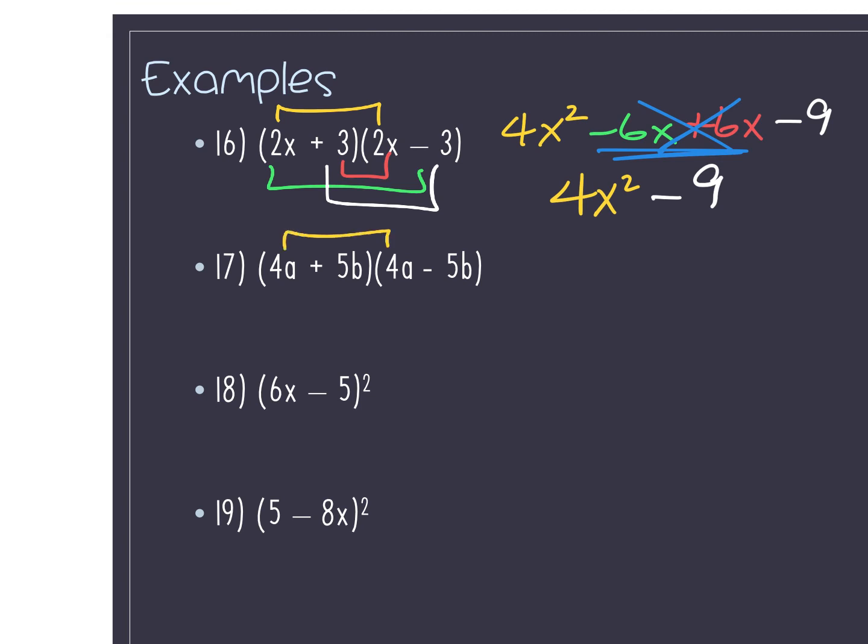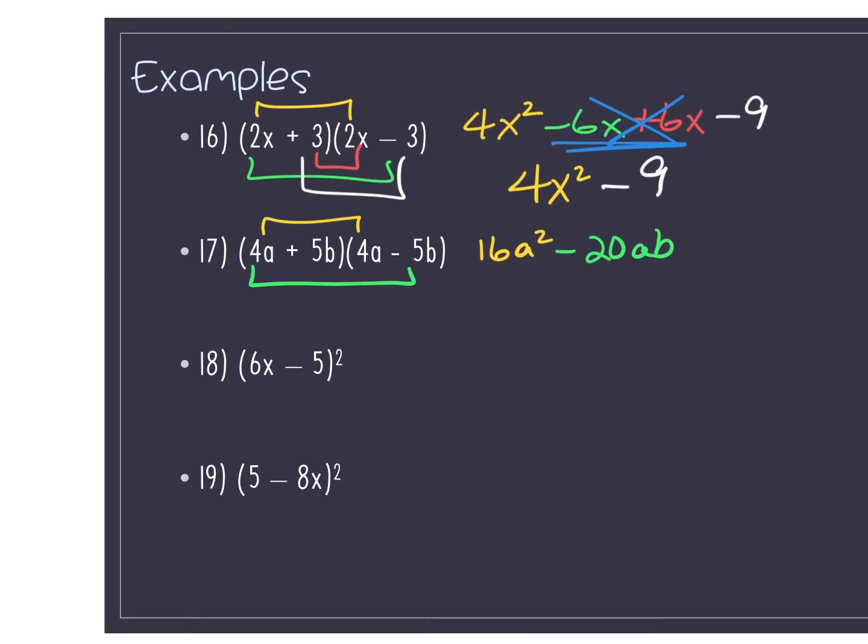I'll do first 16a squared, and then outside or outer will give me negative 20ab. Now, whenever I'm multiplying terms that have two different letters, I always write my variables alphabetically. It helps me to recognize like terms.